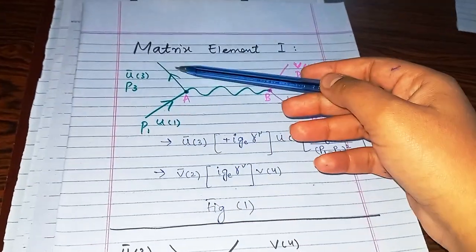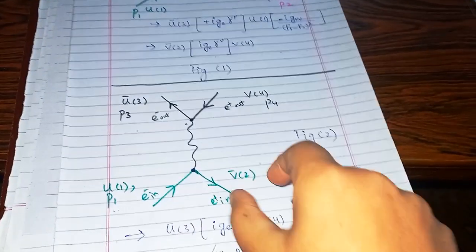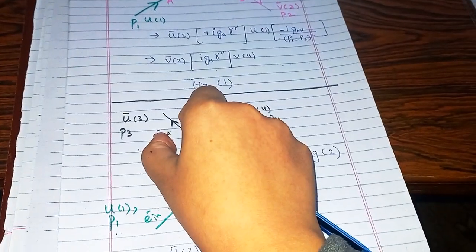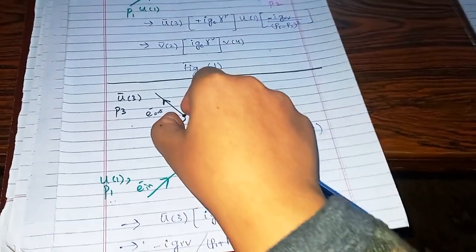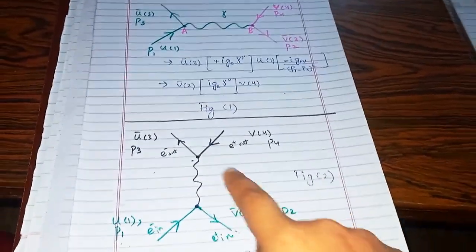So what I can do to convert this figure into this is to take this positron and make it here and take this electron here. If the electron is here and the positron is here, then we'll get the similar diagram. This is anti-symmetrization.